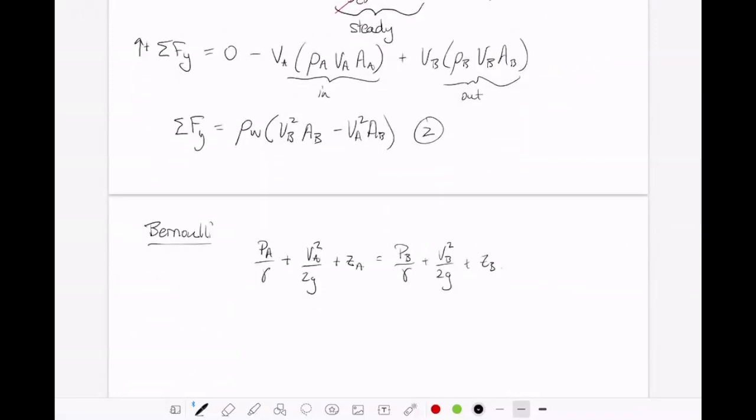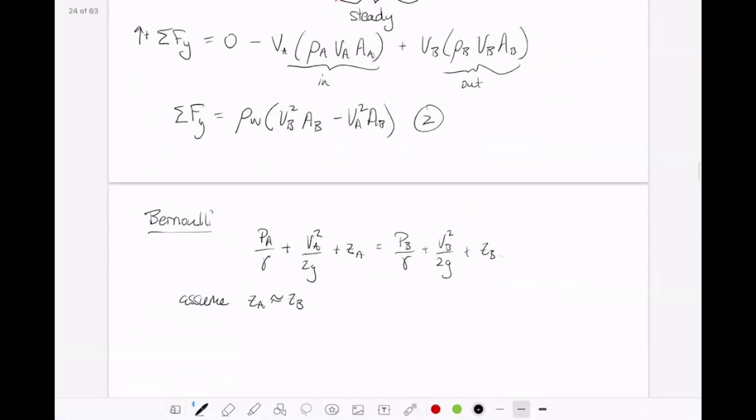We don't have any information about the difference in elevation from A to B, so we can just neglect that difference as having an effect on our pressure. So we'll assume that our elevations ZA and ZB are relatively similar. So all we are left with are the other two terms.